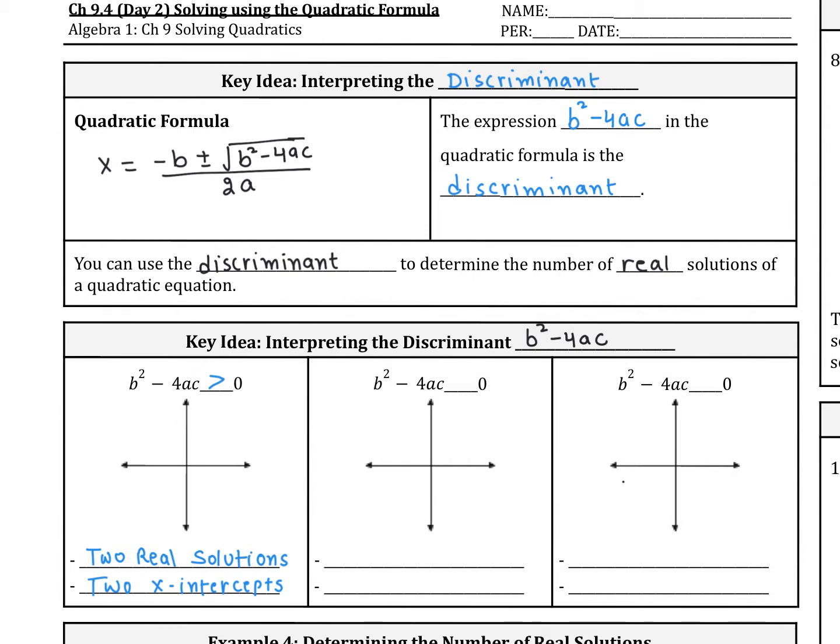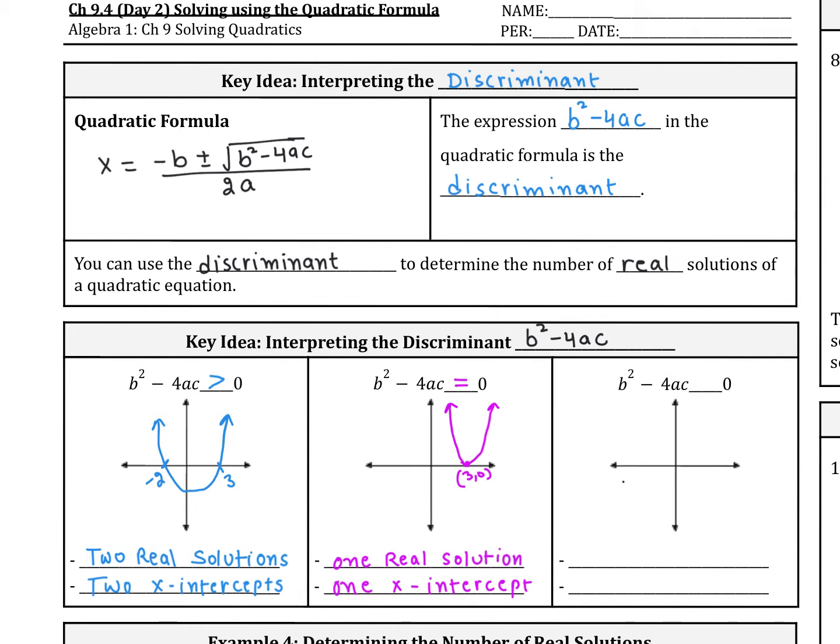The graph of this type would look like this, where you cut the x-axis at 2 points, which means you have two x-intercepts, or two real solutions.